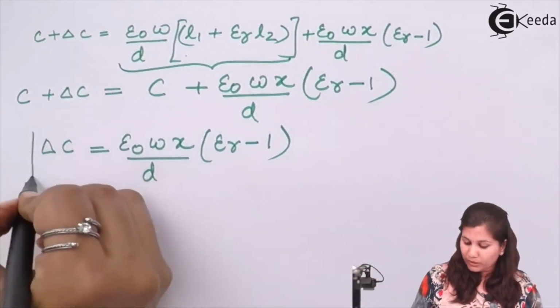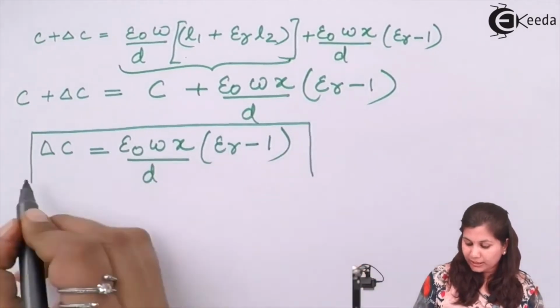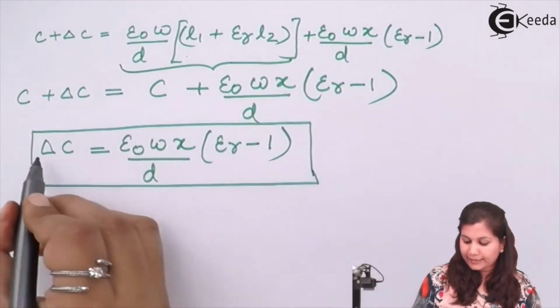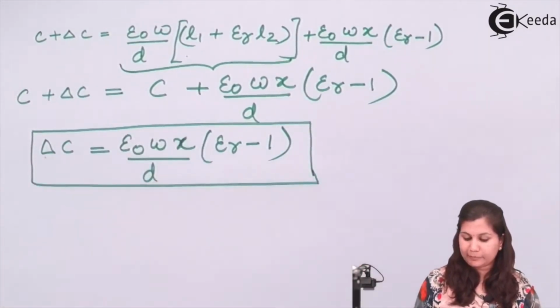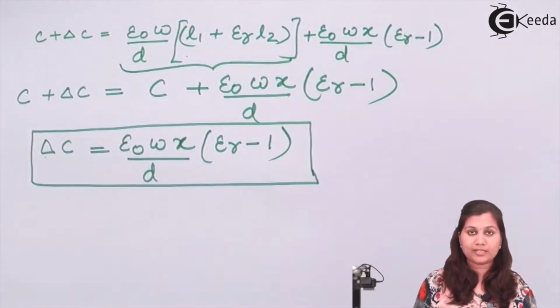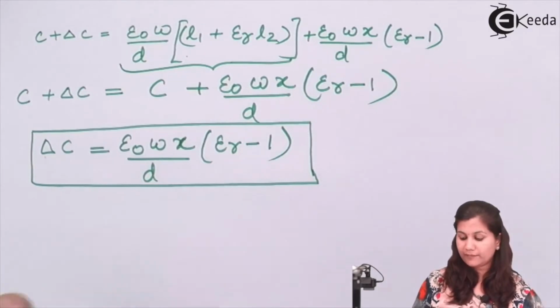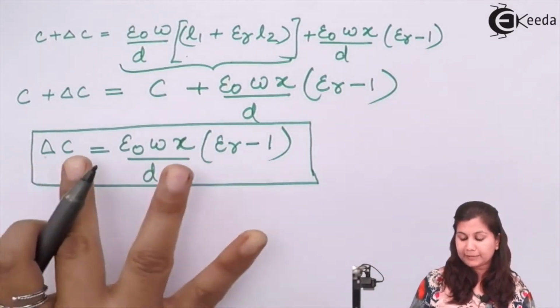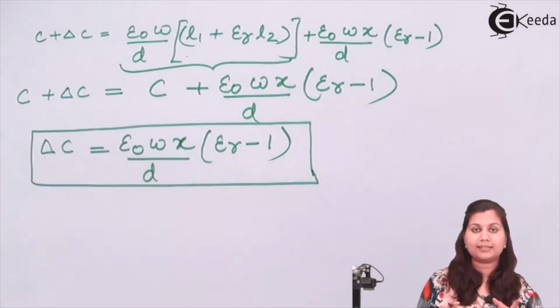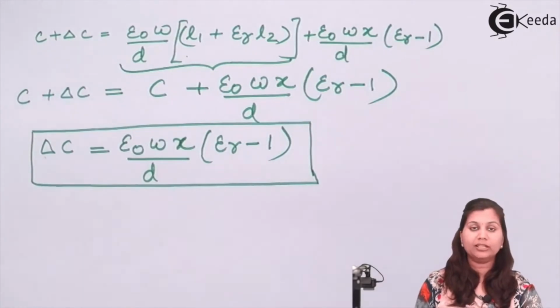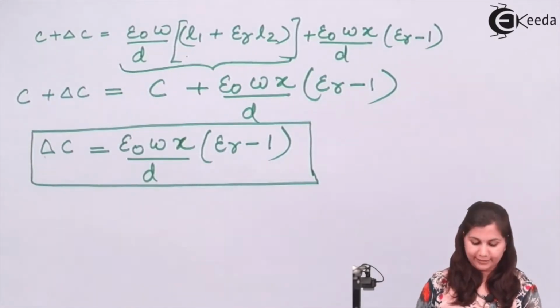So from this equation you can see that the change in the capacitance is directly proportional to the displacement x. So when we are doing any variations in the dielectric constant, we have seen that the displacement and the change in the capacitance, they are proportional to each other, they are linearly related.